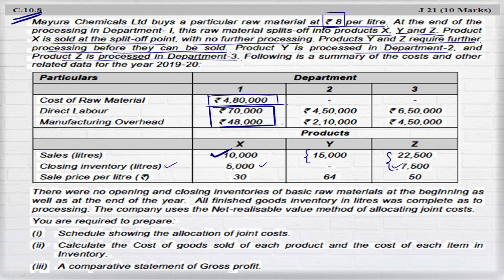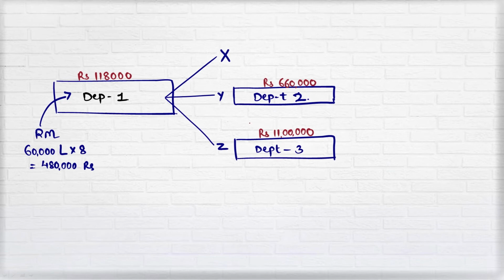What will be the selling price of X? Selling price we should consider only at the split off point, right? So first, what is the manufacturing of X? Manufacturing of X will be 15,000 units. Manufacturing of Y is 15,000 units.